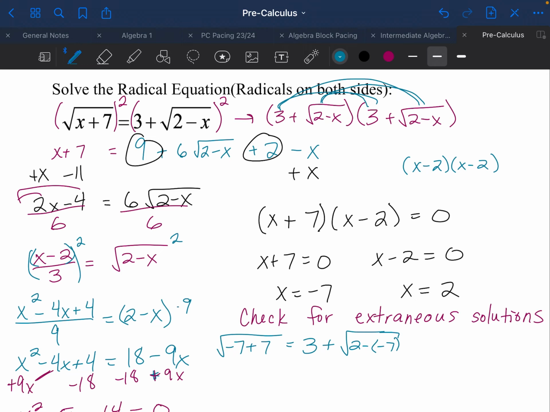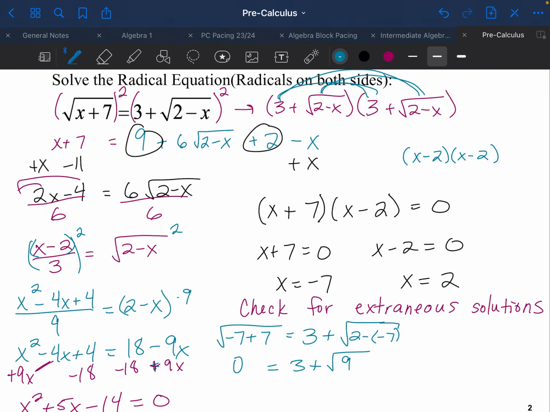Here we got negative 7 plus 7, that's 0, and the square root of 0 is just 0. Over here, we have 3 plus the square root of 9, and the square root of 9 is 3. So 0 equals 3 plus 3, which is 6. Extraneous solution, negative 7, because they don't actually match up. It didn't work as a solution.